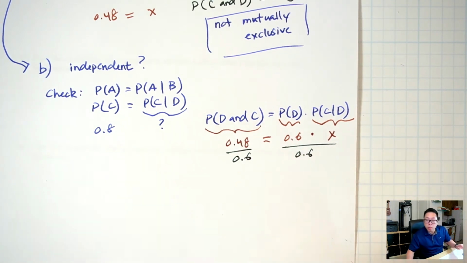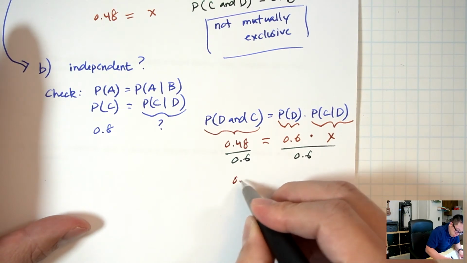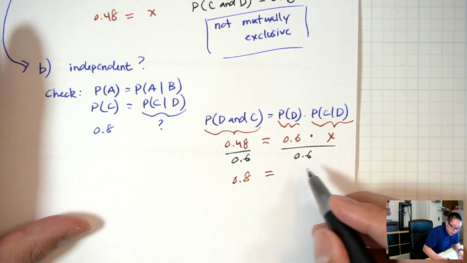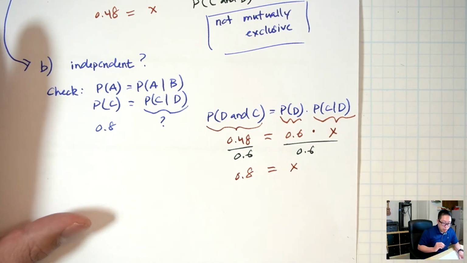Left side, 0.48 divided by 0.6 is 0.8. Right side, 0.6 divided by 0.6 cancels out, and I have just an x.